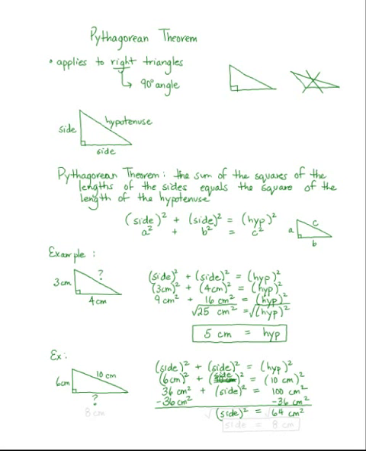Now again, we're only looking for the side, not the side squared. So to get the side, we need to take the square root of both sides of our equation. The square root of side squared is side. The square root of 64 is 8. And the square root of centimeters squared is centimeters. So our missing side is 8 centimeters.